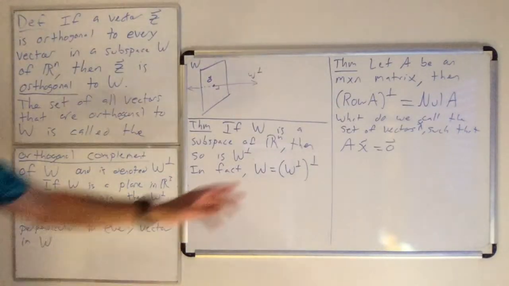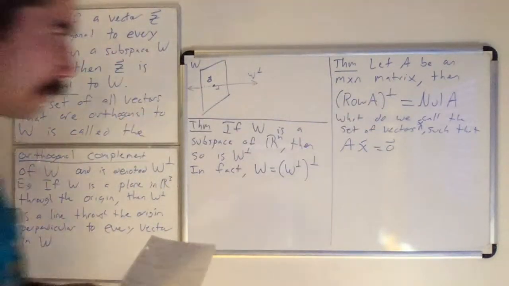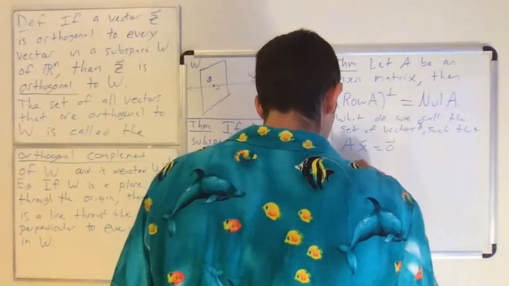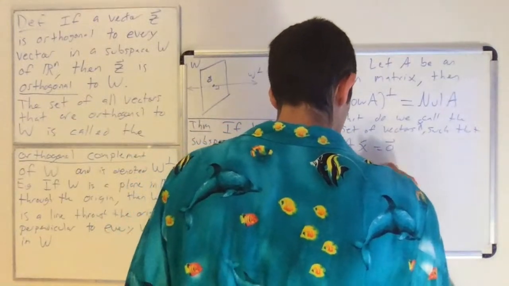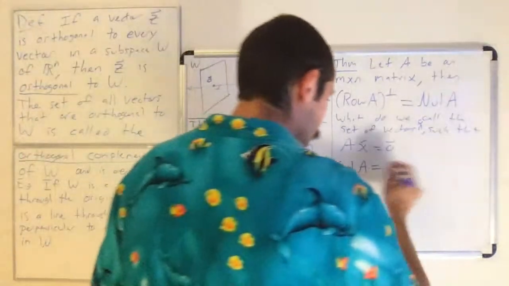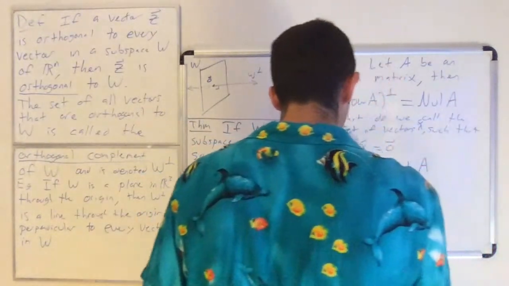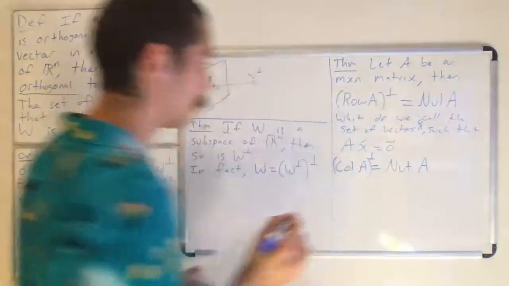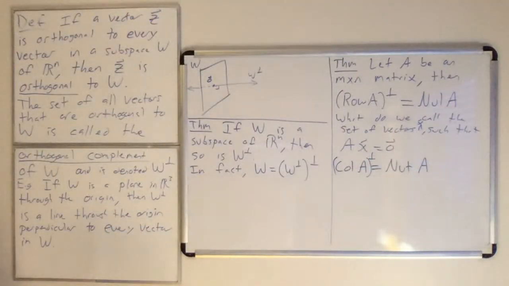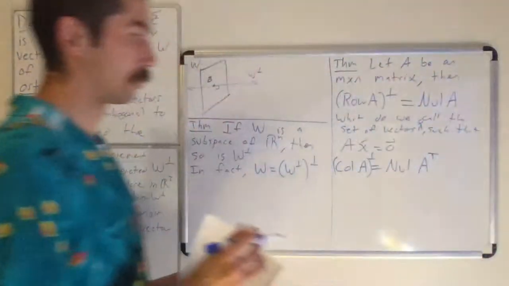Then we could take the transpose of A here, and the second part says the column space of A is the same thing as the row space of A transpose. So the orthogonal complement of the column space of A is equal to null of A transpose.